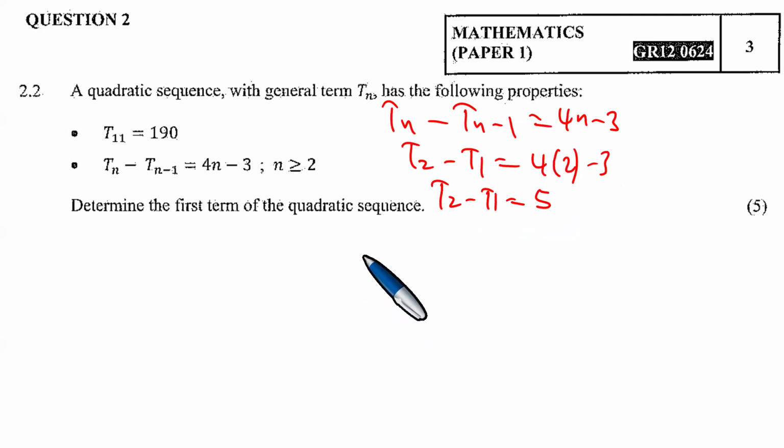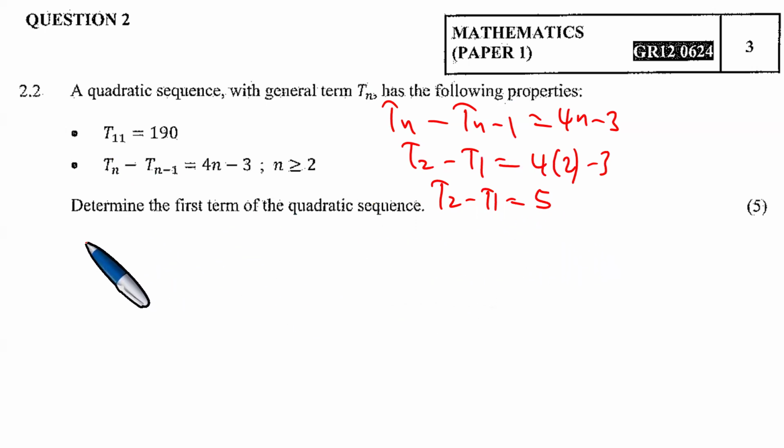If T2 minus T1 is actually 5, what would T1 be at this point? We're able to obtain a couple of sequences. Now let us look at this: T2 minus T1 is 5.